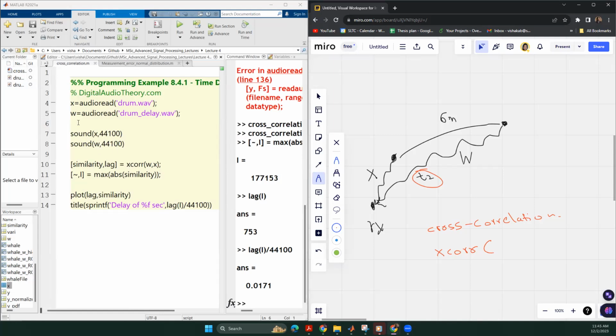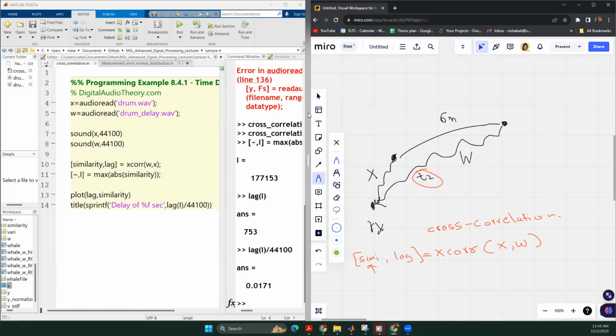So the two signals in this MATLAB code are basically X and W. So we will give those two signals as the inputs to this xcorr function. And the outputs of this xcorr will be, there will be two outcomes that are possible. The first one being the similarity index, and the second one being the lag index.